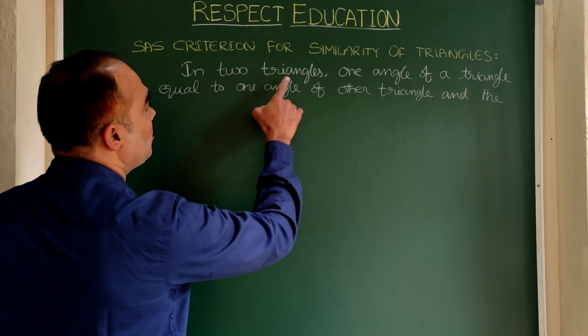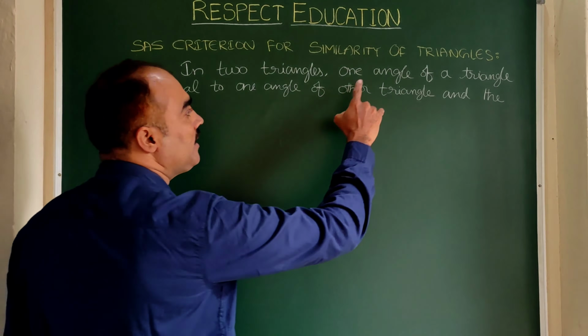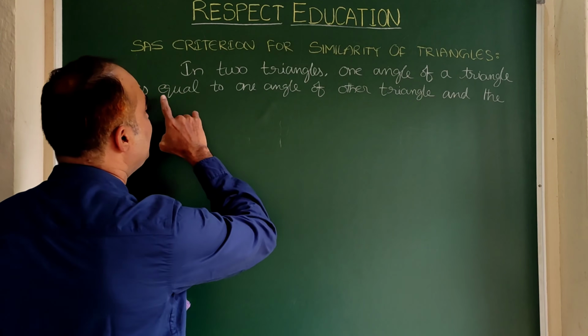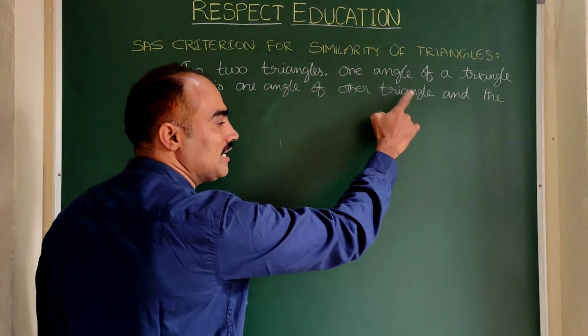Here in two triangles, one angle of a triangle is equal to one angle of the other triangle.